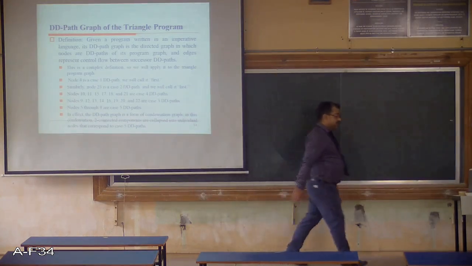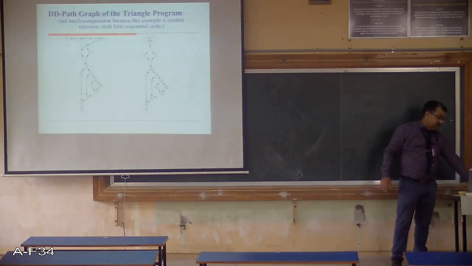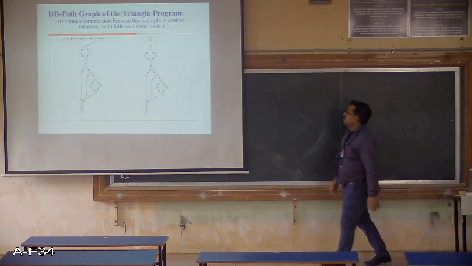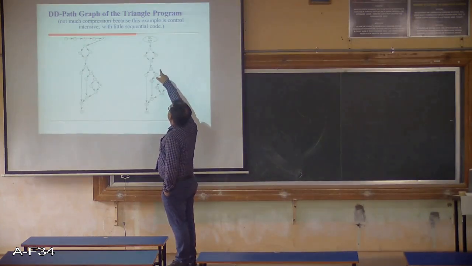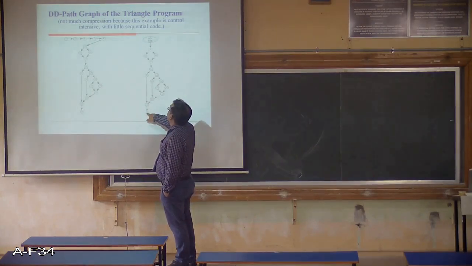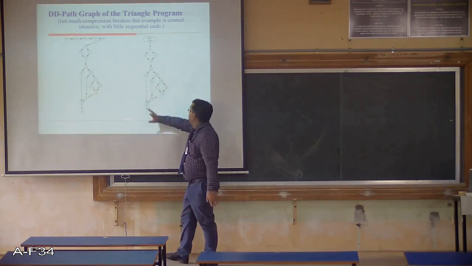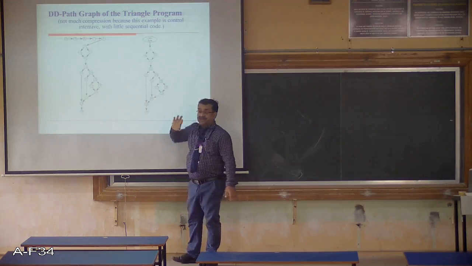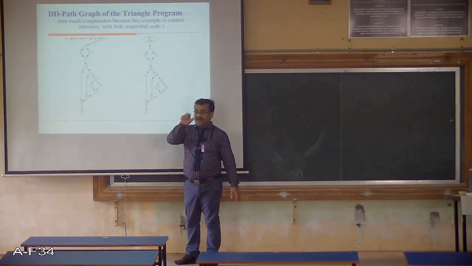So you check here and identify the different cases of DDpath in the program statements. What do we get? Node 4 is the case 1 DDpath, node 23 is the case 2 DDpath. From this graph, what are the case 3 DDpaths? Case 3 is where either in degree is greater than or equal to 2 or out degree is greater than or equal to 2.